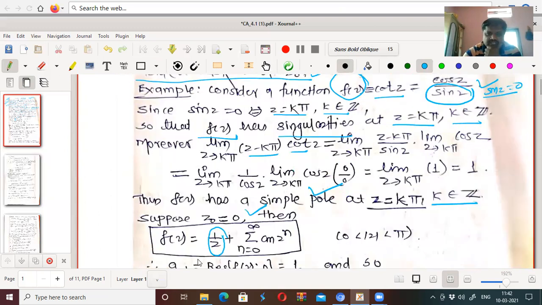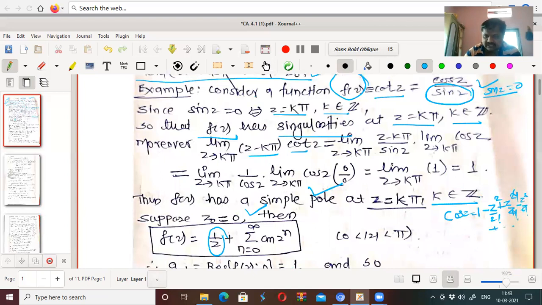Now why have we written f of z in this way? We know that cos z is what? The expansion of cos z is 1 minus z square by 2 factorial plus z raised to 4 by 4 factorial minus z raised to 6 by 6 factorial, and so on.